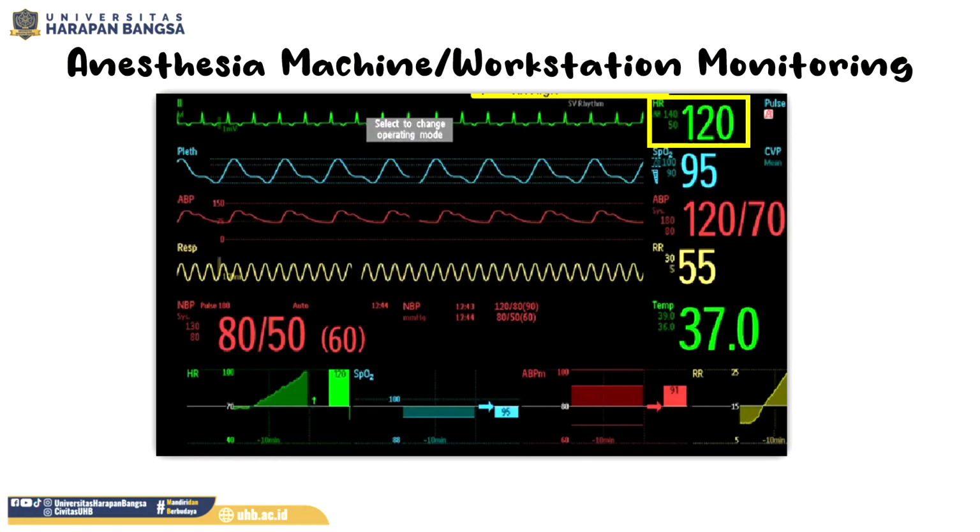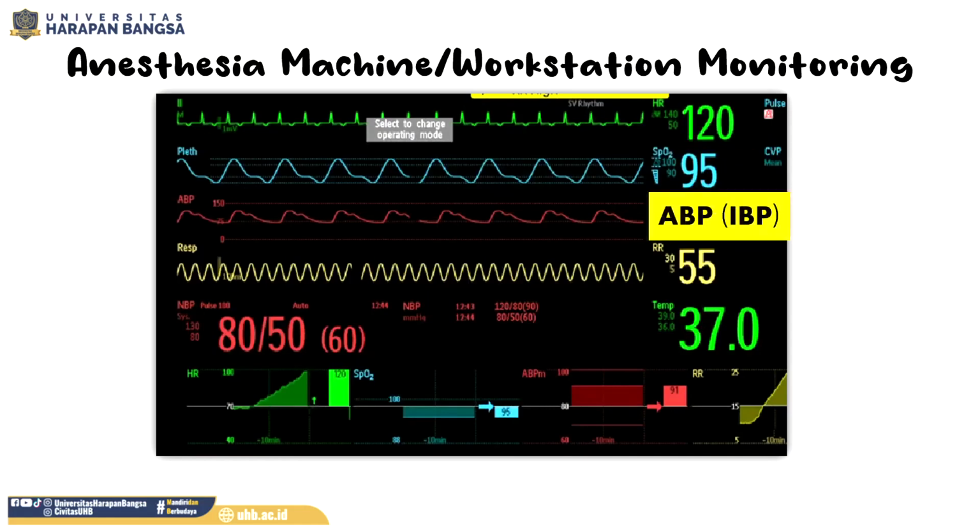So you can say her heart rate is 120 beats per minute. And the next is blood oxygen level. His blood oxygen level is 95.